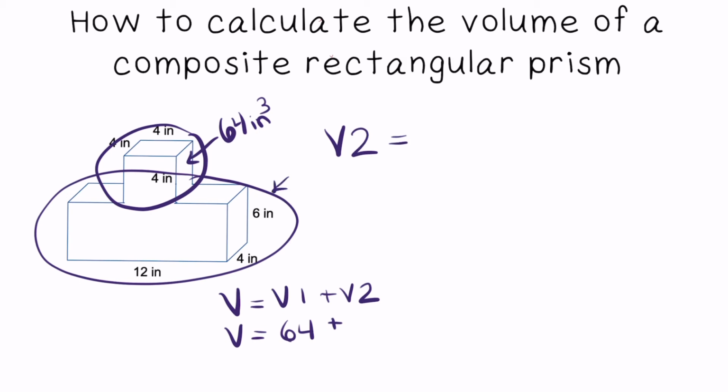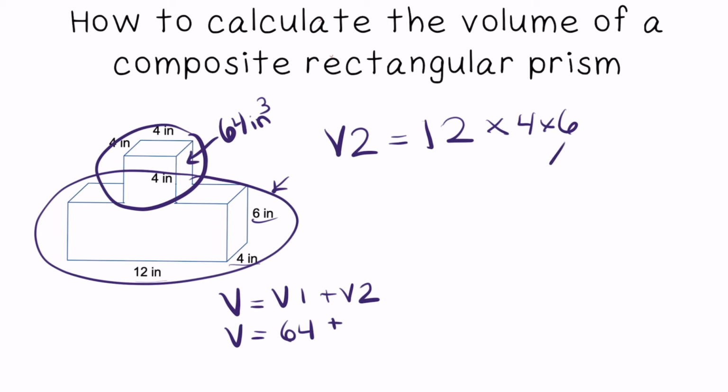So we're going to go ahead and multiply length times width times height. We're going to call 12 inches the length, so 12 times, we'll call 4 inches the width, and then we'll call 6 inches the height here. So this section of the figure is 12 times 4 times 6 inches.